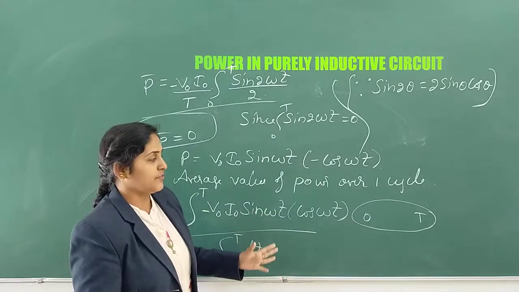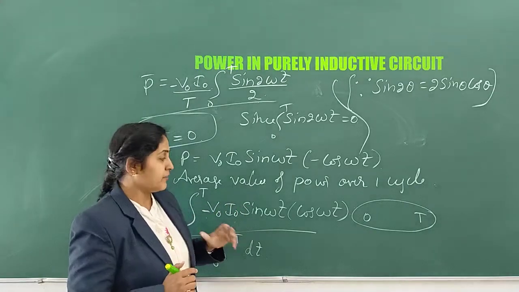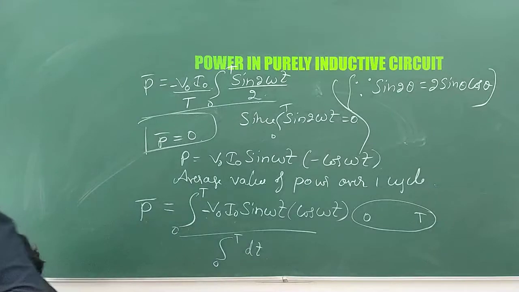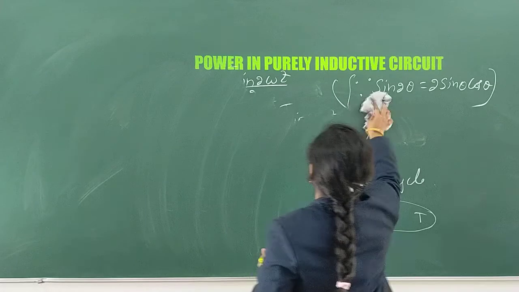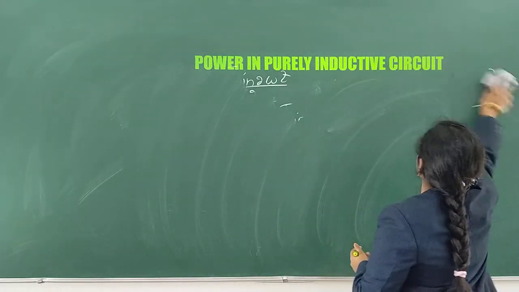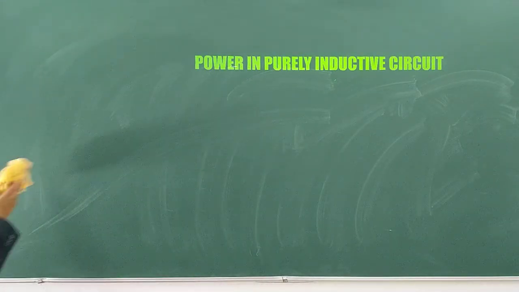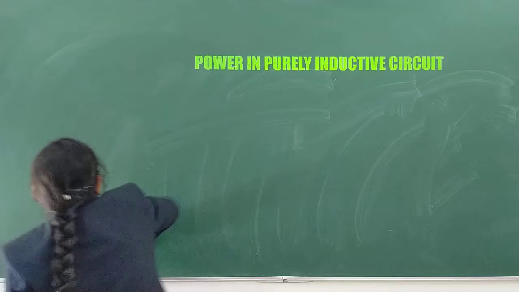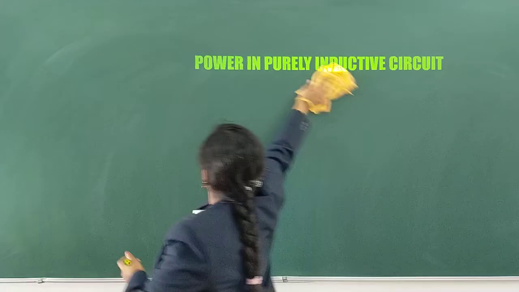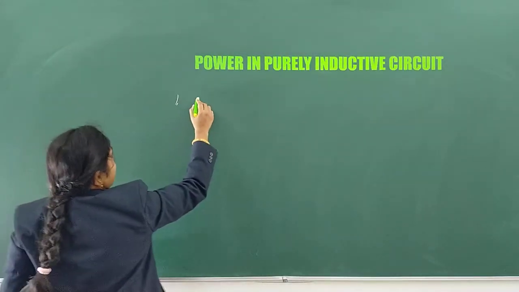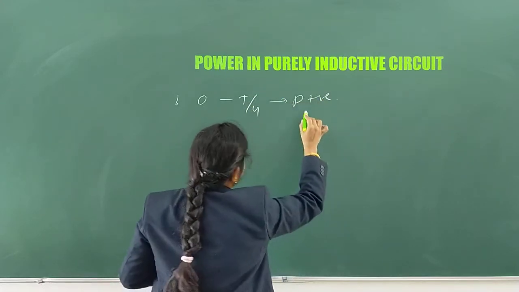In the first quarter cycle, from 0 to T by 4, the power is positive.